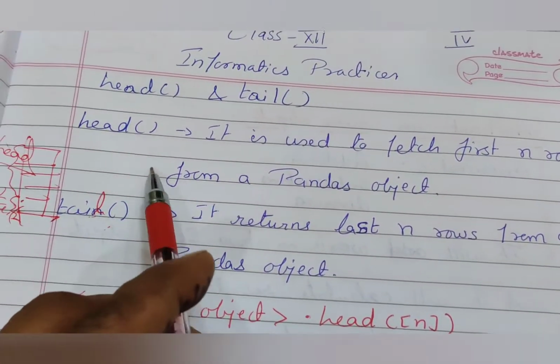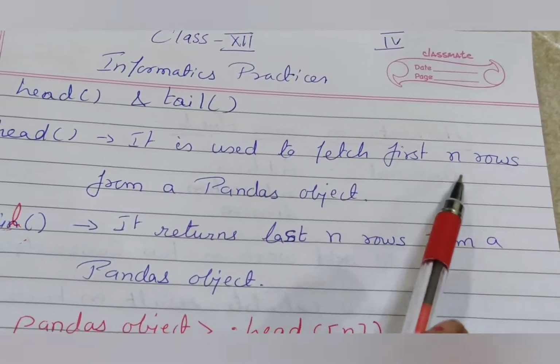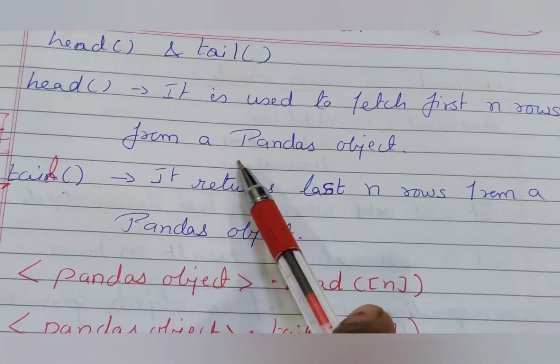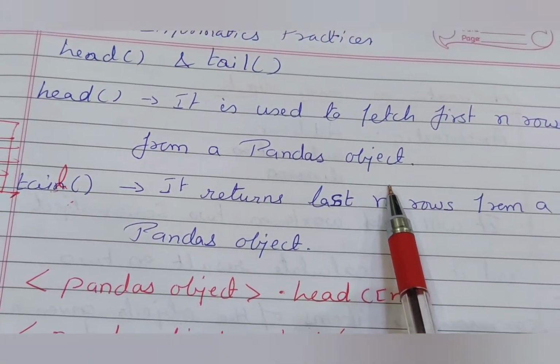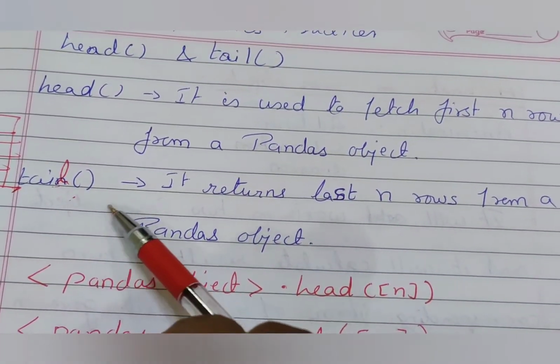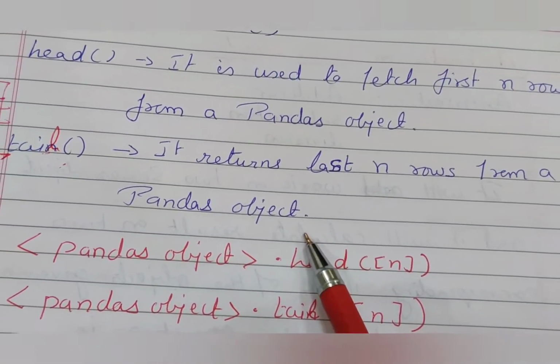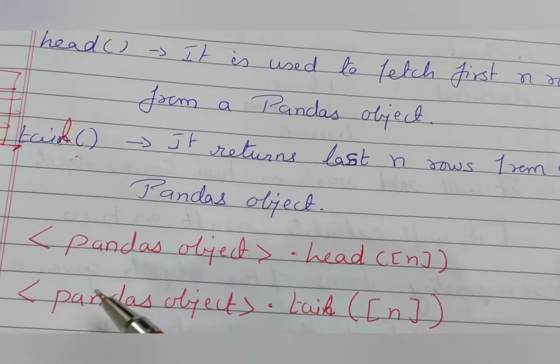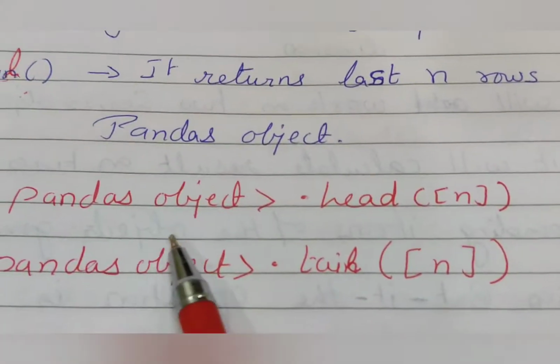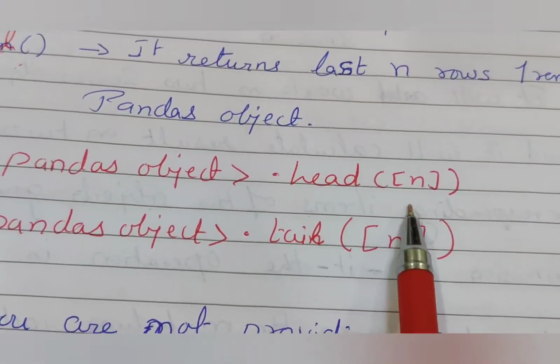ठीक है, हेड फंक्शन क्या है? It is used to fetch first n rows from a pandas object, and the tail method is what? It returns the last n rows from a pandas object. So what will be the syntax? Pandas object dot head, brackets में n.